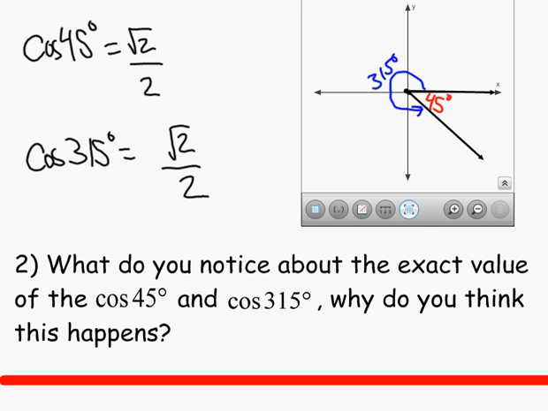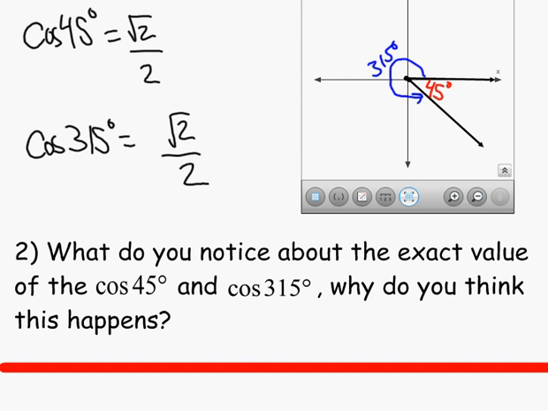Well, the reason is because 315 degrees has a reference angle of 45 degrees, and it's also located in a quadrant in which cosine is positive. So there you go. That's why it's got the same value as the cosine of 45 degrees. Same reference angle, and it's also located in a quadrant in which cosine is positive.